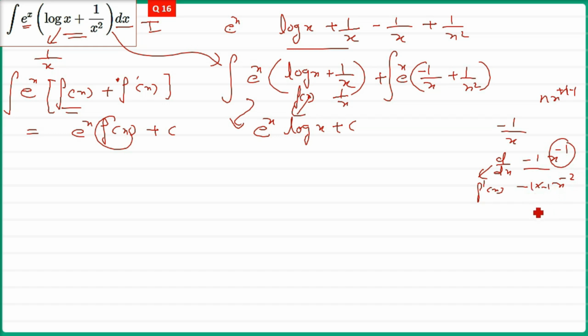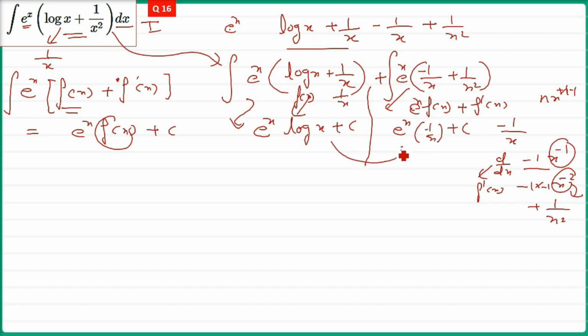So minus minus will become plus, x raised minus 2 will go downstairs, it will be 1 by x square. So here negative 1 by x can be considered as fx, and 1 by x square can be considered as f dash x. And when we add them and multiply by e raised x, this will be an integral, and the actual result will be e raised x into fx. What is fx? Negative 1 by x.